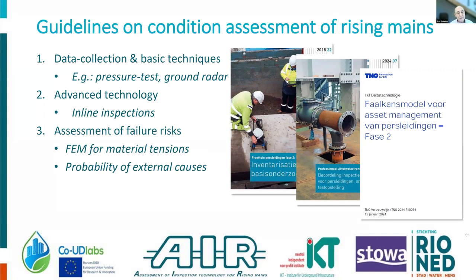All these probabilities of failures are calculated together, and the result is that for every meter of a rising main, you get a probability of failure during the time span coming.